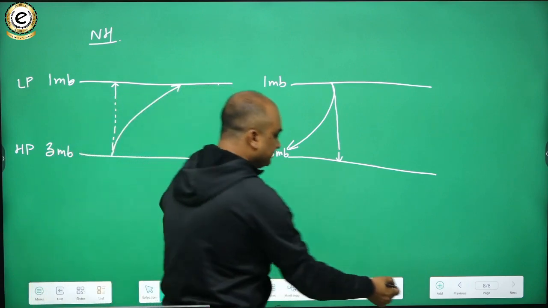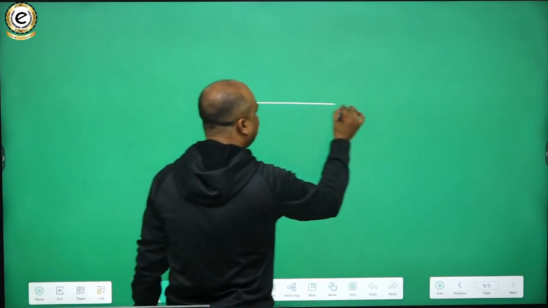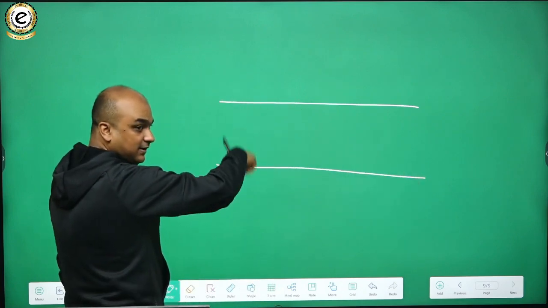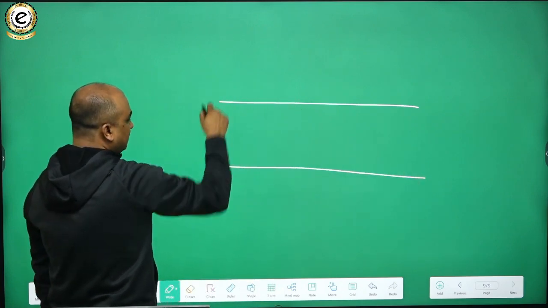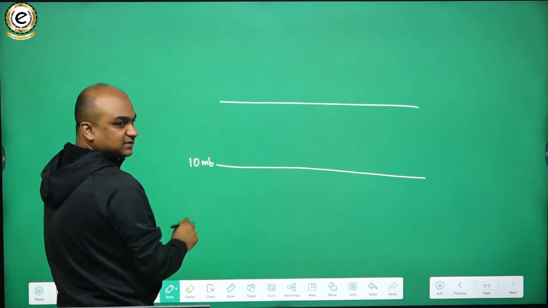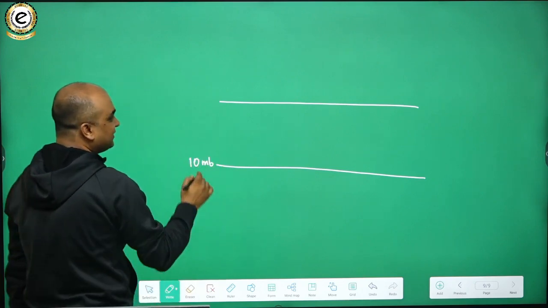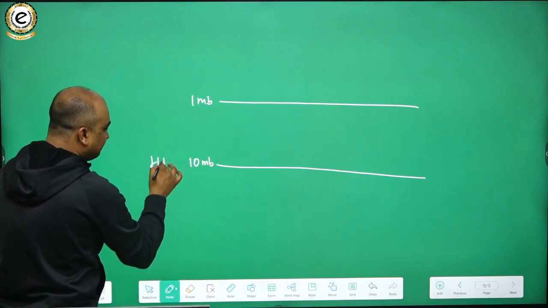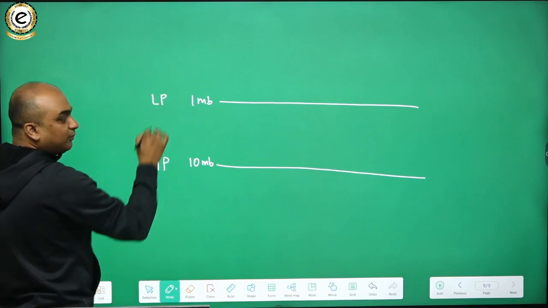तो ध्यान से देखो. Suppose we are in the upper atmosphere. In the upper atmosphere, we have a great variability in the pressure position. Suppose this is 10 millibars. So होता नहीं है, just for the sake of understanding मैं कह रहा हूँ. And this is 1 millibar. So this is extreme high pressure and this is extreme low pressure.